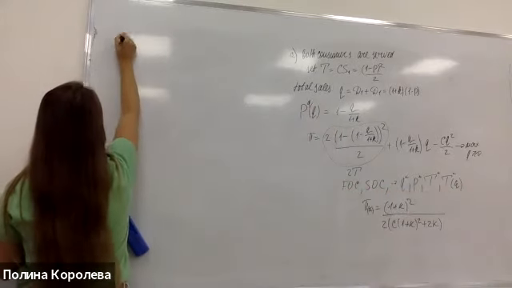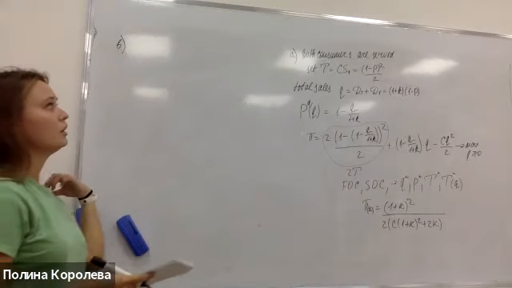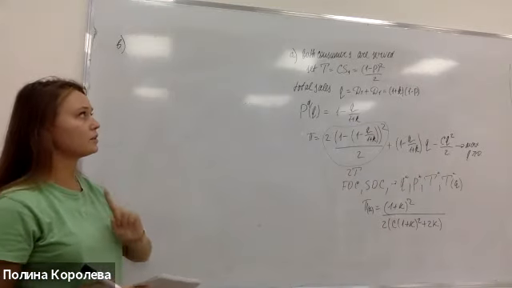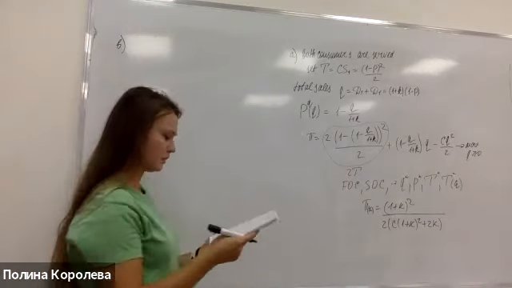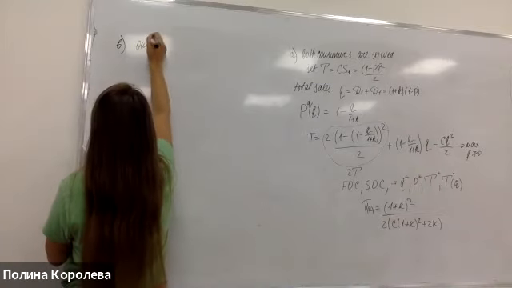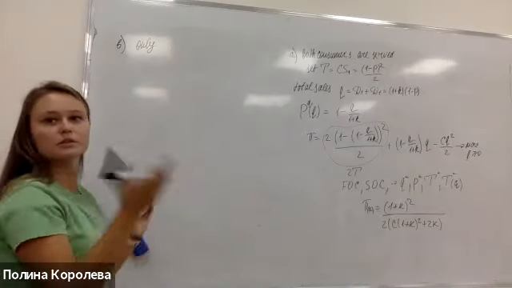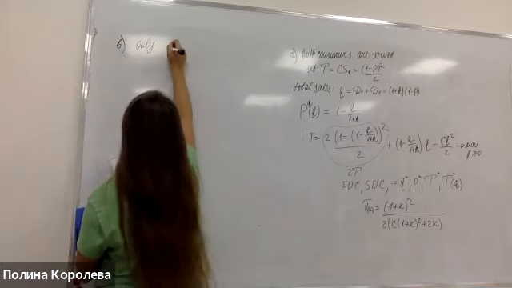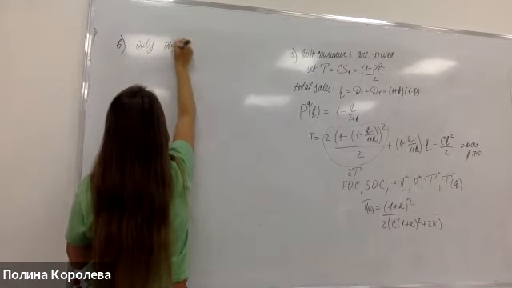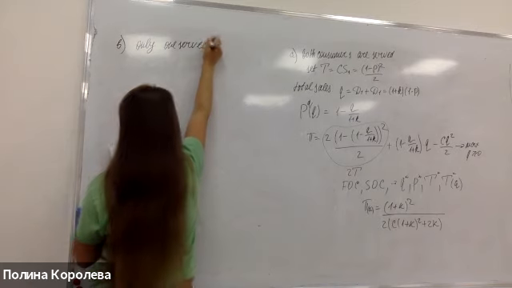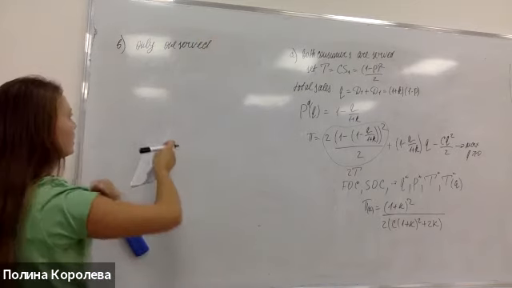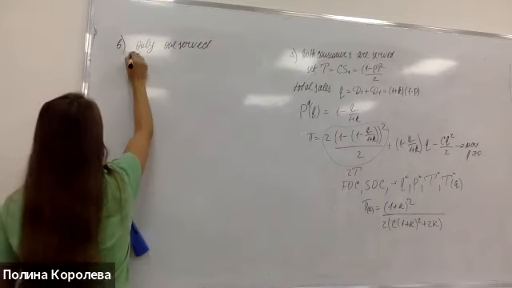Let's move on. Point B, when only one consumer is served, only one served. I want to write down only the difference between these 2 points. Then, what will we set?